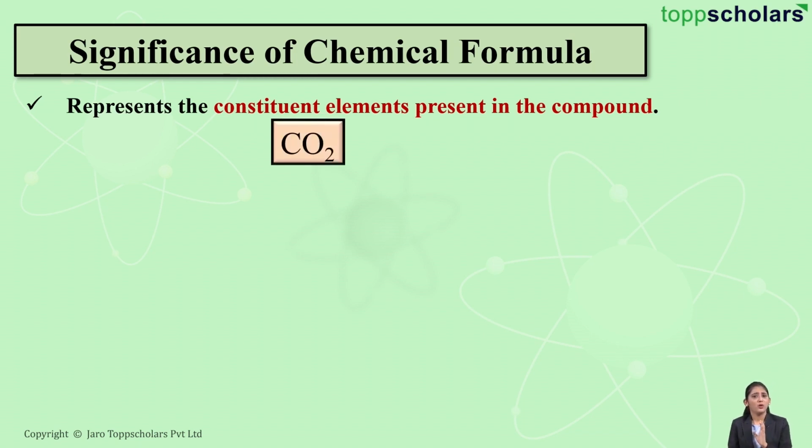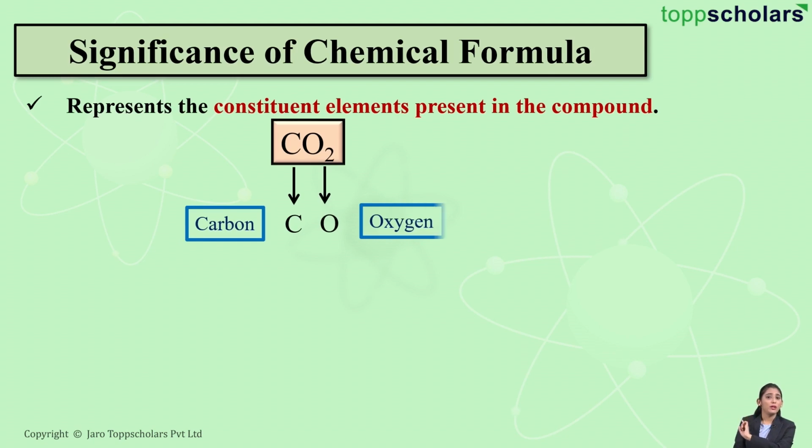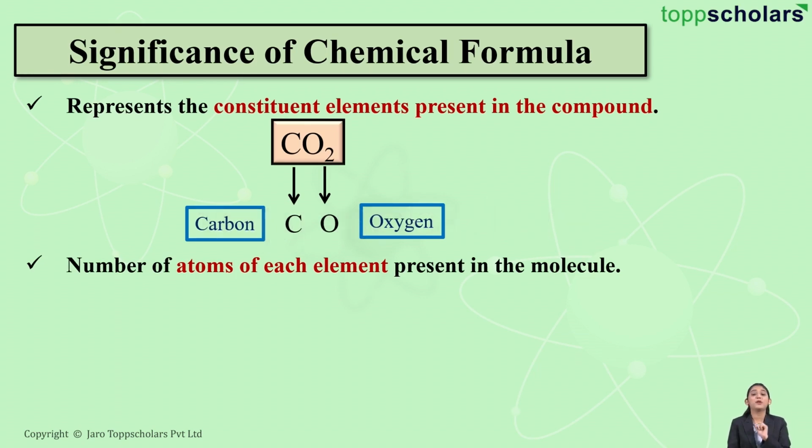Now, the symbol C over here represents carbon, whereas the symbol O represents oxygen. So, the chemical formula gives you information about the constituent elements that are present in a compound. Similarly, the chemical formula also gives you information about the number of atoms of each element that are present in the molecule. Let's take the same example of carbon dioxide.